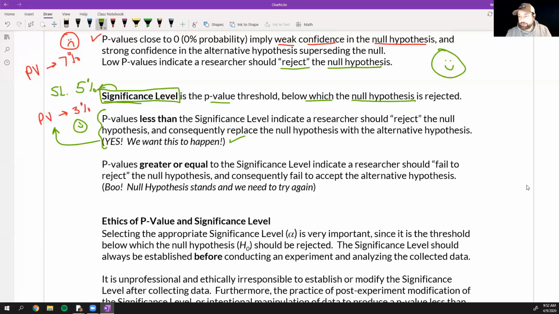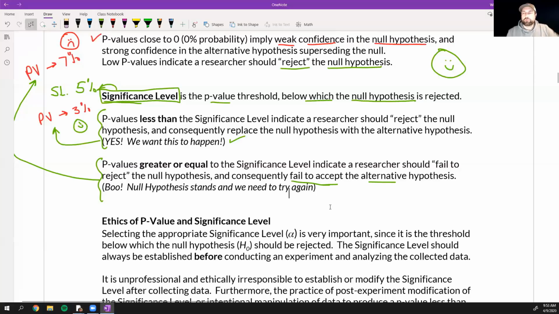On the other hand, p-values that are greater than the significance level, which would be this situation, indicate that we should fail to reject the null. And again, we can't say accept the null. We have to say we failed to reject. We failed to push the king off the mountain. That means the null hypothesis stands, the king on the mountain stays put, and we need to come up with a new experiment and a new thing.